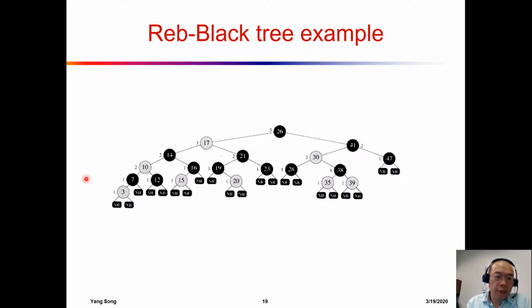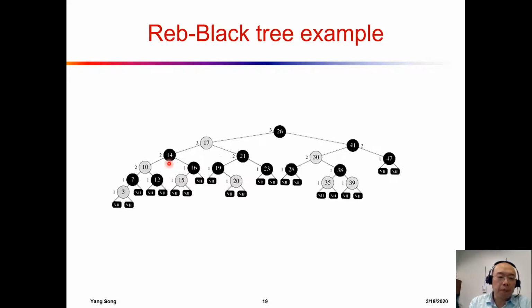For example, if we are using 14 here, the black height of 14 will be 2, if we exclude 14 itself, guaranteed, no matter which path you go down.